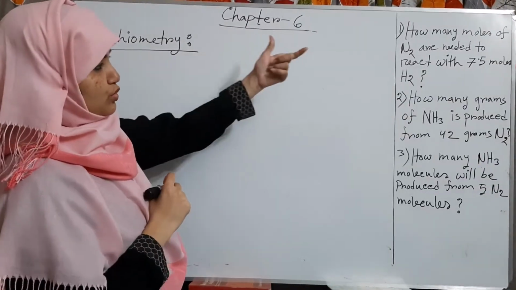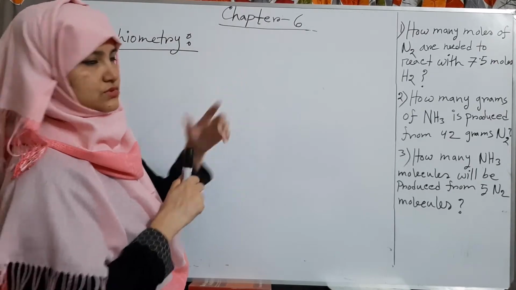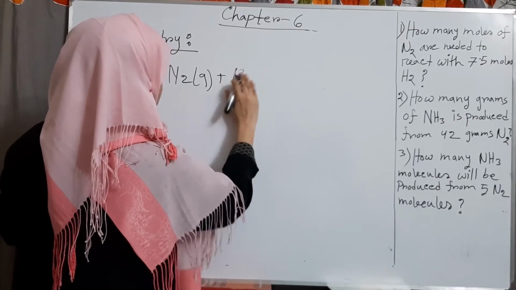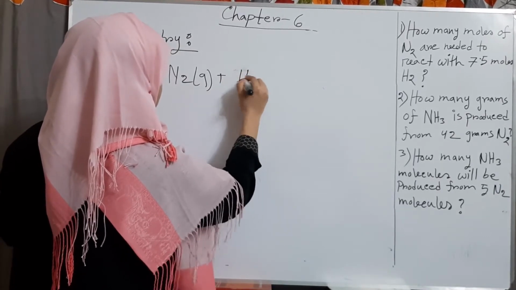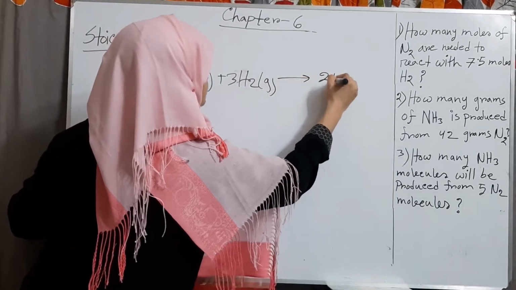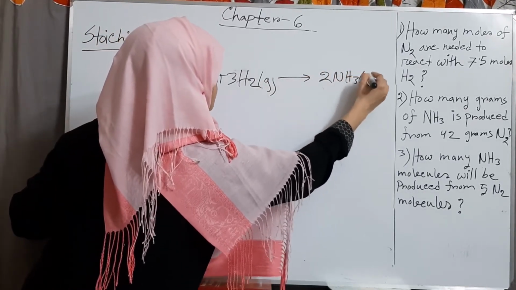Sorry, this equation is needed: nitrogen gas plus 3 hydrogen gas gives 2 ammonia gas.